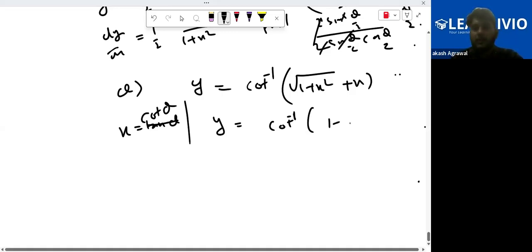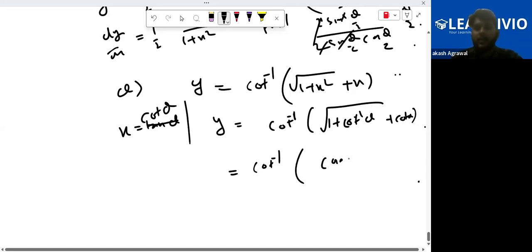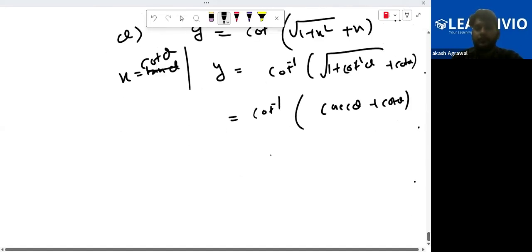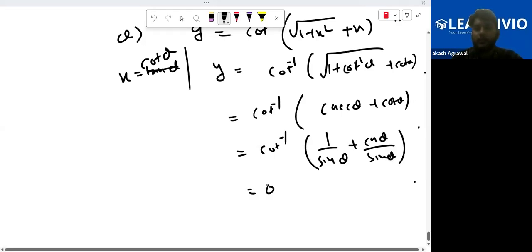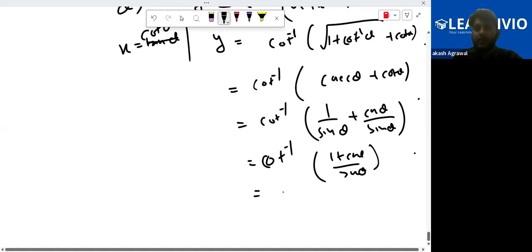So cot inverse of root of 1 plus cot square theta, plus cot theta. Okay. So 1 plus cot square theta has become cosec square theta. So it is cosec theta plus cot theta. So cot inverse of 1 upon sin theta plus cos theta upon sin theta. So cot inverse of 1 plus cos theta upon sin theta, and we know how that plays out.